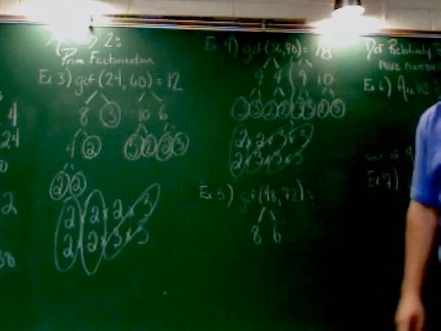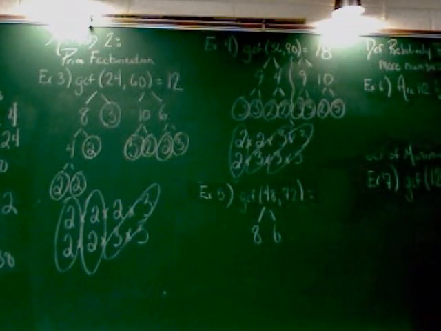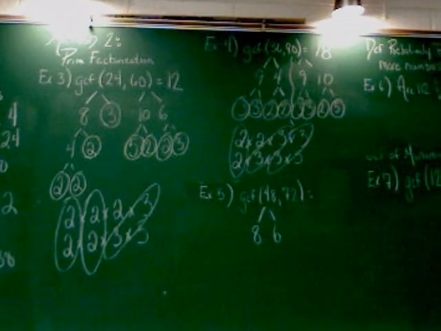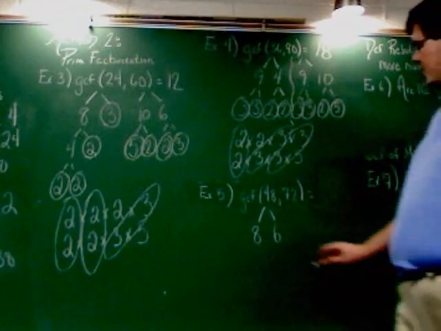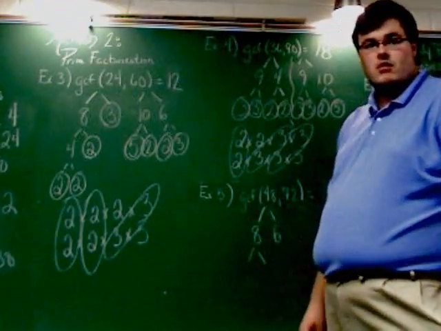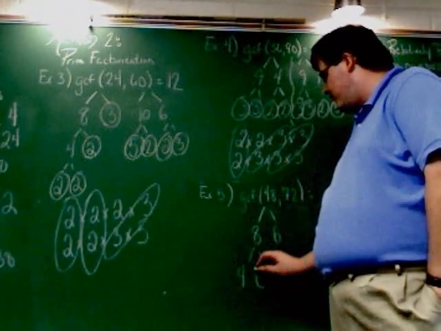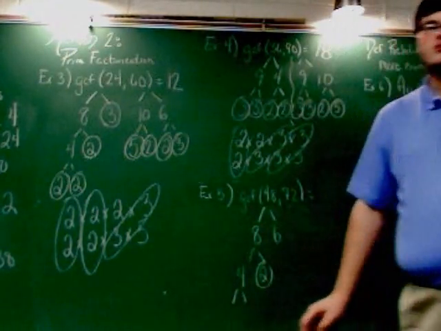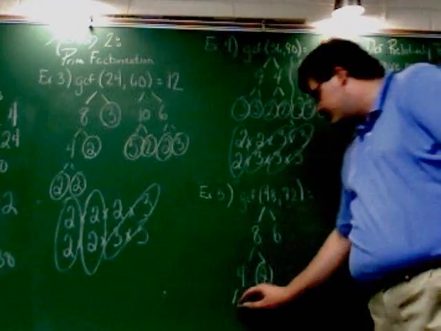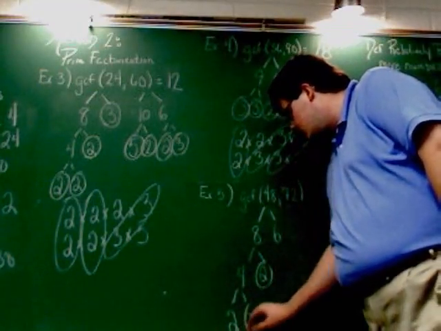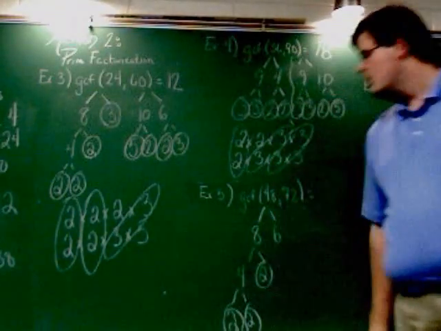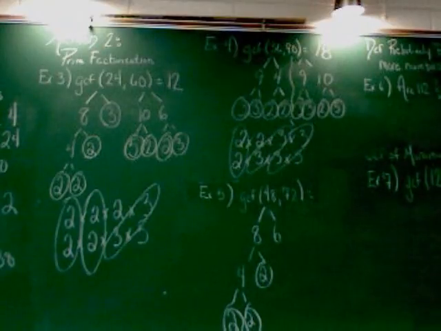Chris, which one number do you want to break down? 8. Okay, Chris is going to break down 8. Two numbers that multiply together to make 8. 2 and 4. 2 is prime, but 4 isn't. Chris, break down 4. 2 and 2. Cody, two numbers that multiply together to make 6. 2 and 3, and both of those are prime.